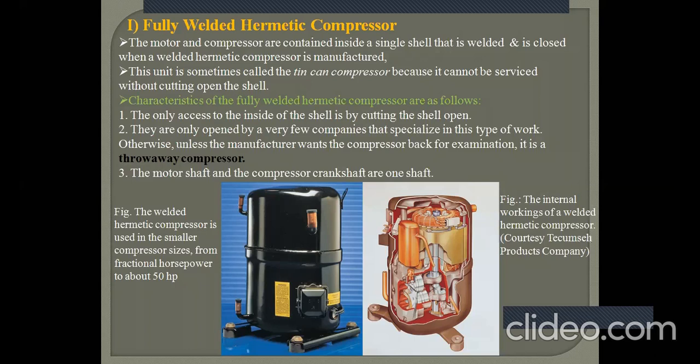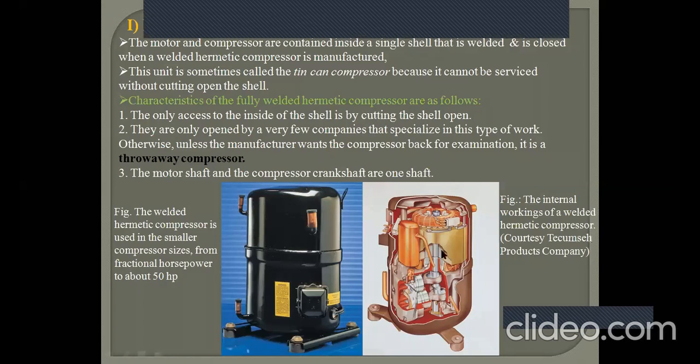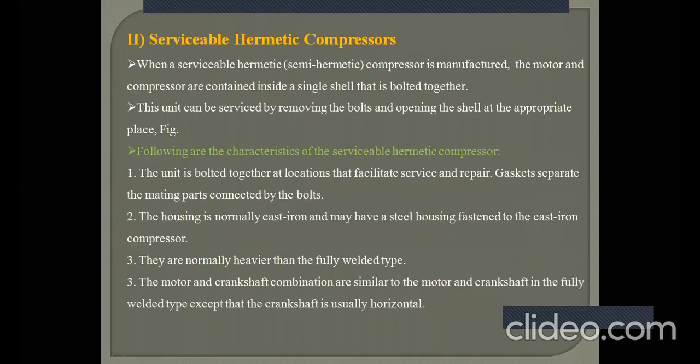Third, the motor shaft and compressor crankshaft are on one shaft. We know that because the motor and compressor are in a single container, so they are mounted on one single shaft. In these two figures, first the hermetically welded compressor is shown, the total assembly, and on the right hand side you can observe a cut section of this fully welded compressor.